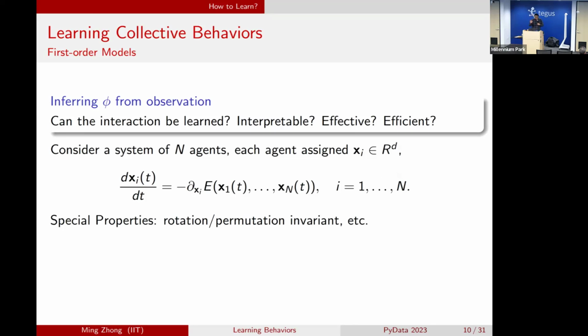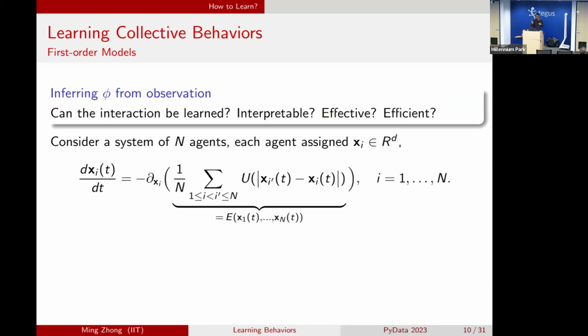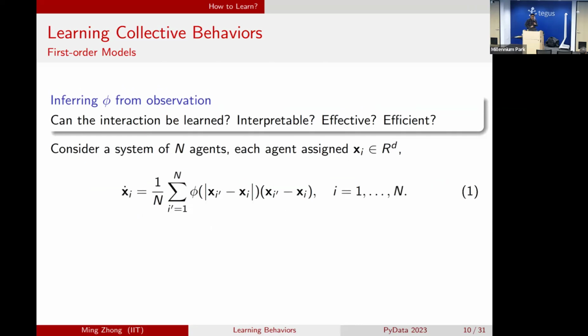But we're not going to assume any energy for this whole system, because we know from biological experiments and physical experiments that this energy has a certain form, and we want to preserve it. So we're going to consider that the system energy is just a sum of pairwise potentials based on the pairwise distance of the states.